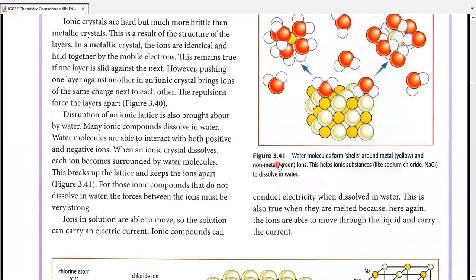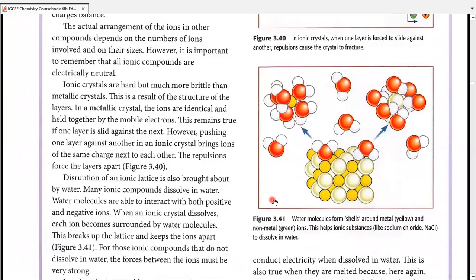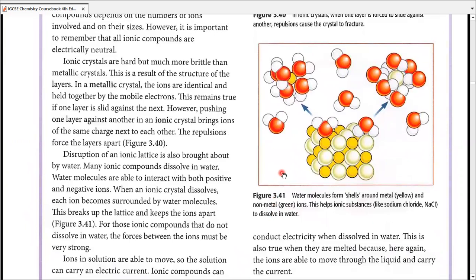Moving on, their disruption is brought about by water. Water has a very good property that it can attract charges. Water is able to interact with both positive and negative ions, so much so that a proper system develops. When you look at this diagram, you will immediately understand that the smaller yellow balls are sodium ions, and the larger, somewhat yellowish balls are chloride ions.